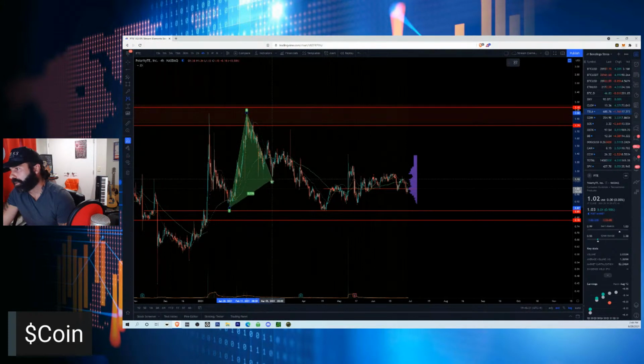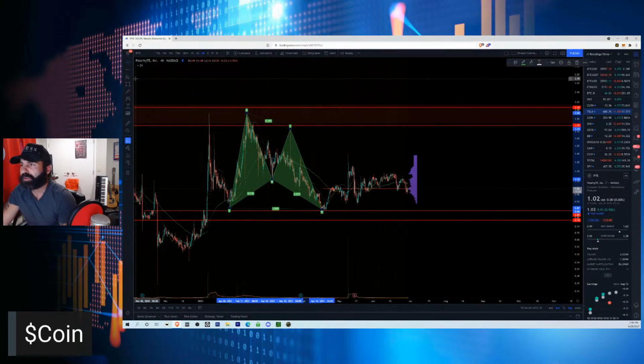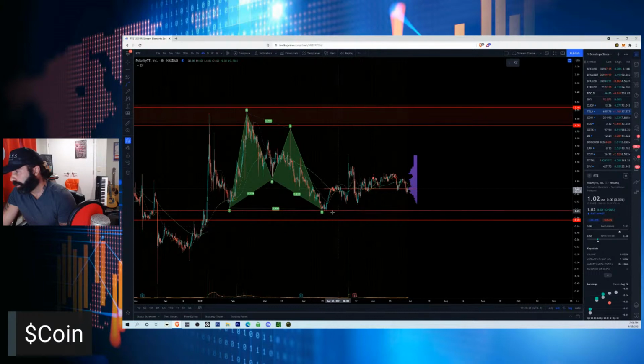You've got a nice XABCD pattern. And then what I'm seeing is you've got, you know, a spring, a back test, spring, and you kind of put in this almost double bottom here.